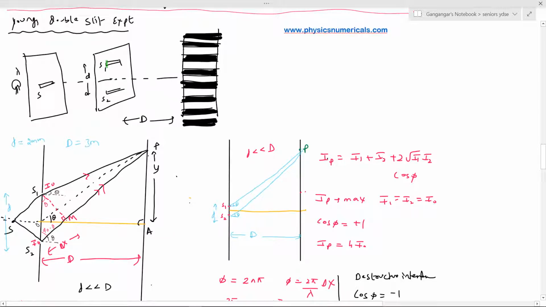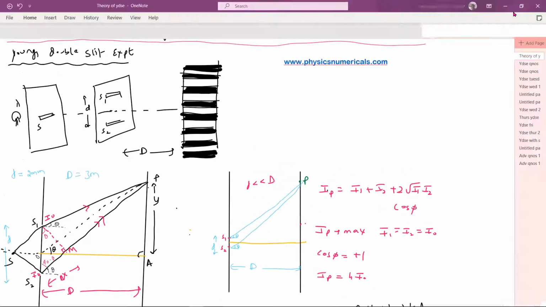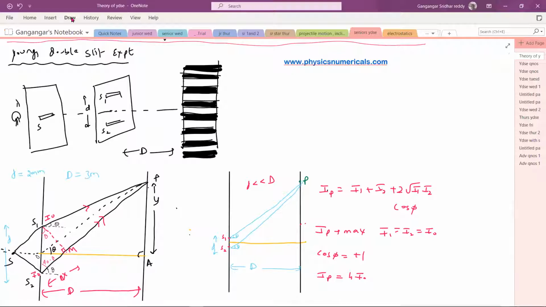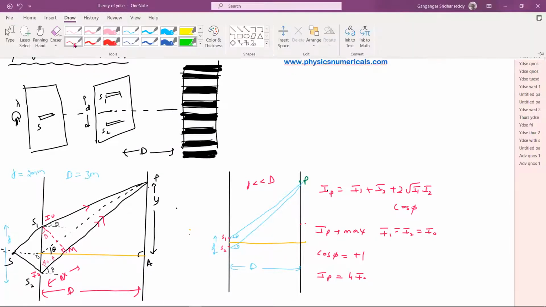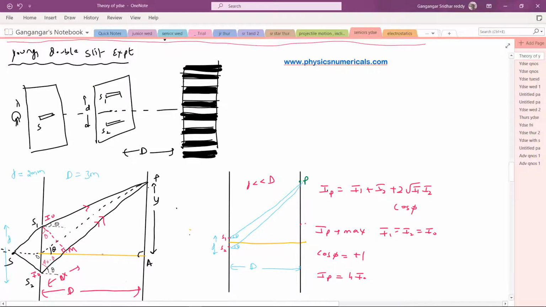After that, I'll make two more identical slits, S1 and S2, and let them be at equal distance from the axis. This is called the axis.